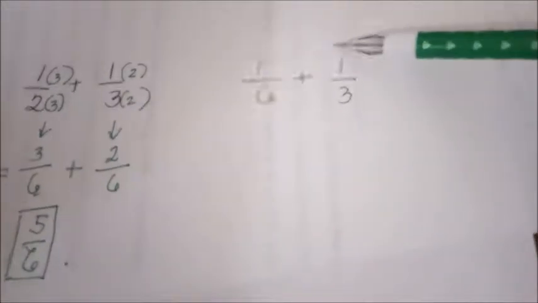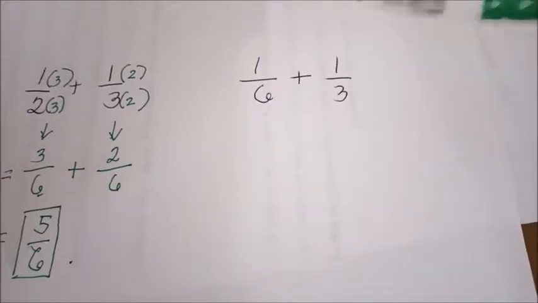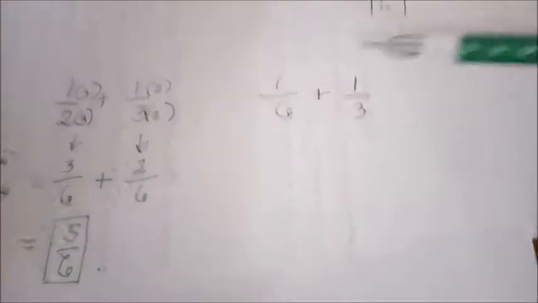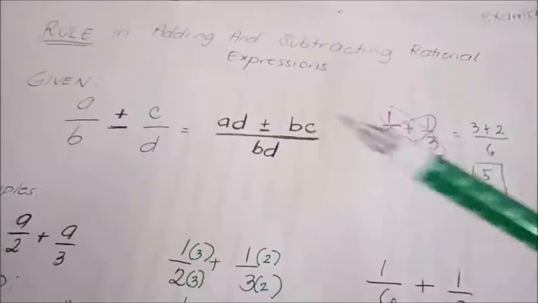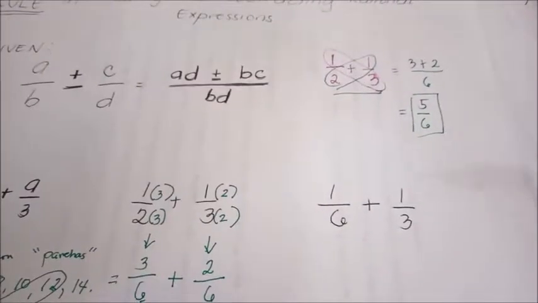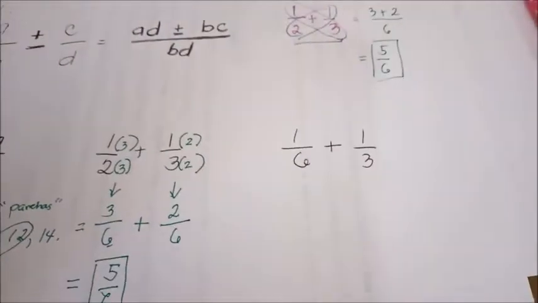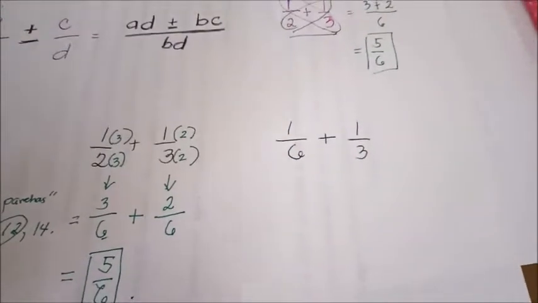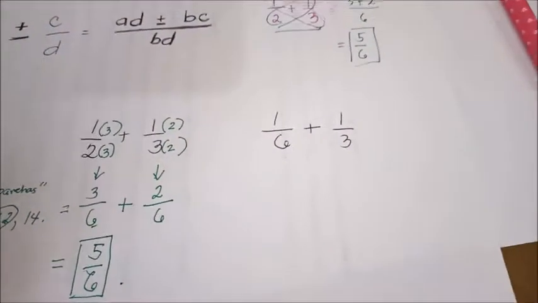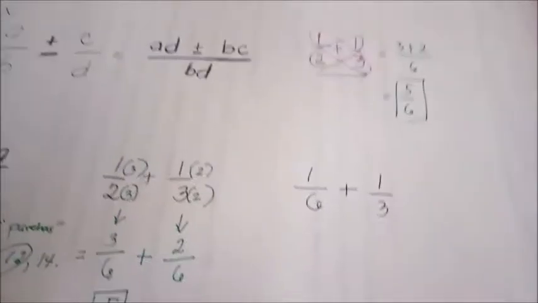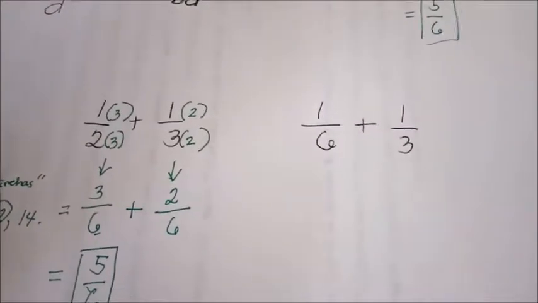Okay. Now, let's proceed with this one. We have 1/6 plus 1/3. Although we can already do this one, and then sa final answer, maglo-lowest terms tayo. Okay? Para mabawasan yung ating gagawin ng paglo-lowest terms sa dulo. No? Pwedeng ang gawin natin is to factor out.